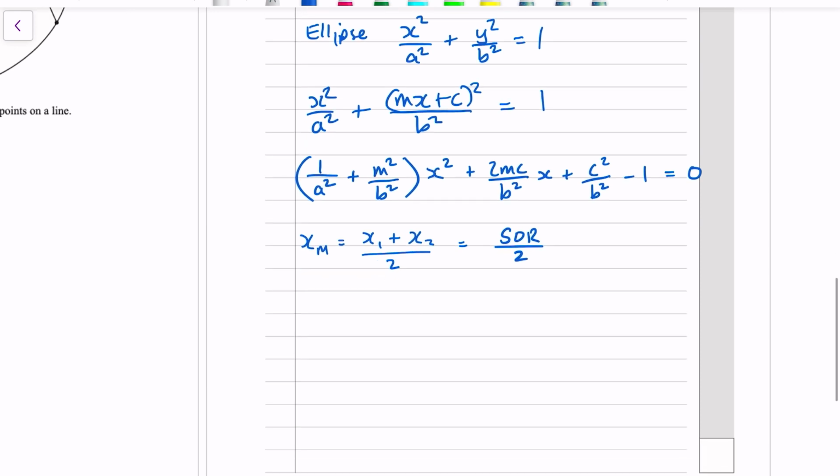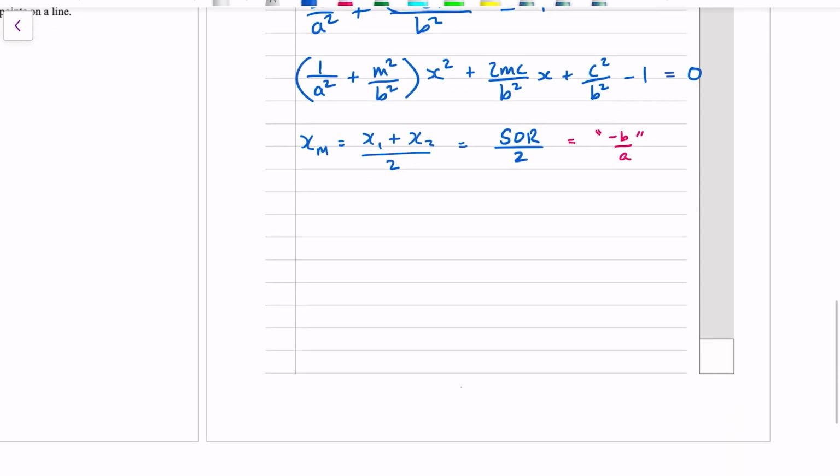If I look at that quadratic equation and work out what the sum of the roots is, the sum of the roots is always minus the term in front of x divided by the term in front of x squared, often written as minus b over a. I'm using inverted commas around that because there are obviously a's and b's in the coefficients already. So if I take the sum of the roots and divide it by 2, I get the x value for my midpoint.